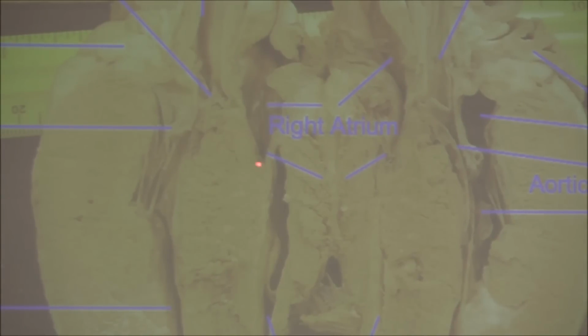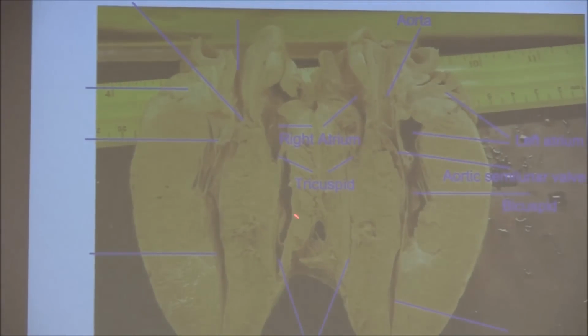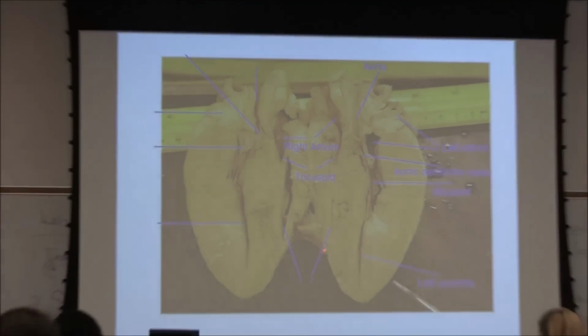What is this and this? Yes, that is your tricuspid. What is this here and that there?